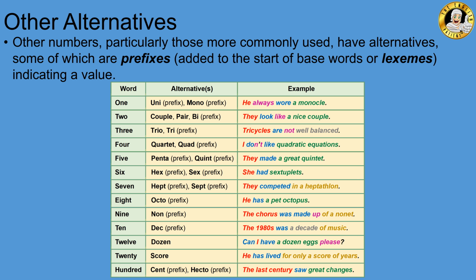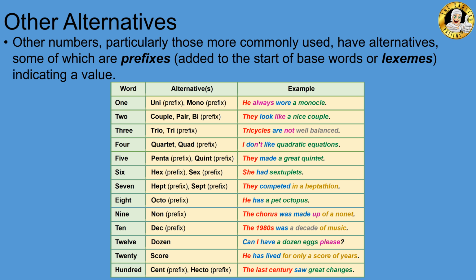And 10, dec, is a prefix. So the 1980s was a decade of music. So decade here meaning that 10-year period. 12, a very commonly used alternative, dozen. Can I have a dozen eggs, please? And you can also use half dozen, meaning 6.